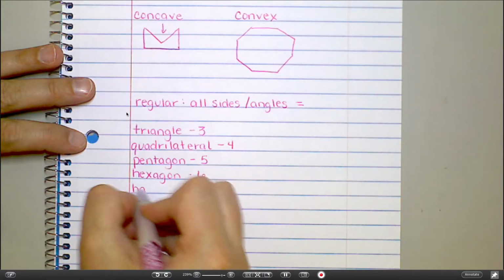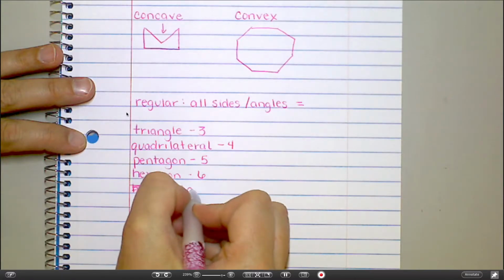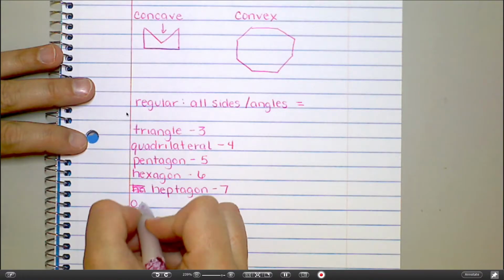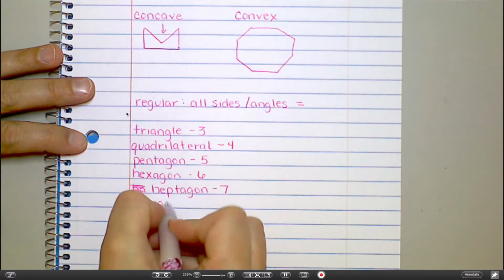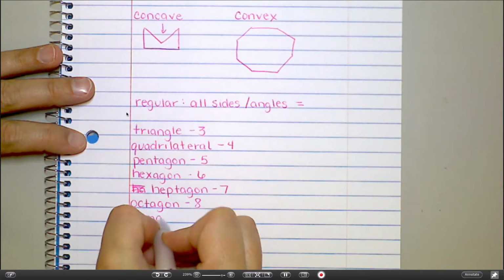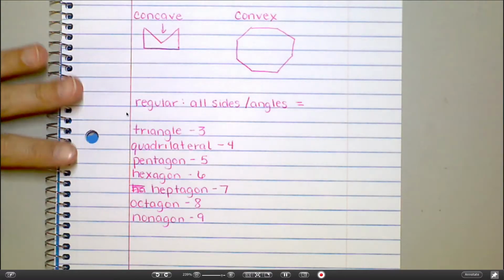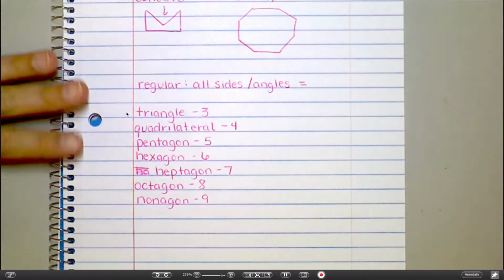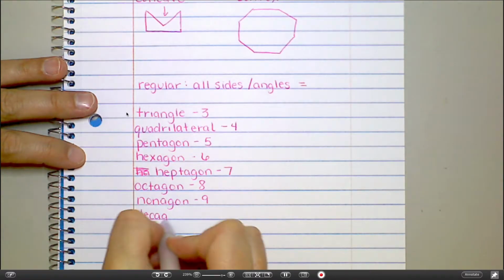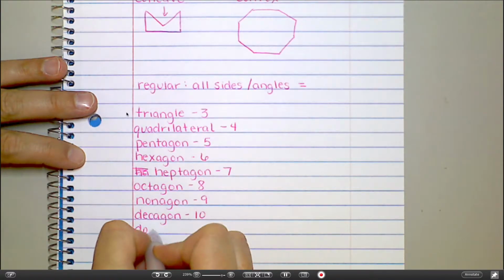Heptagon. Whoops, I spelled that wrong. What about 8? Octagon. 9 is nonagon. What's 10? We have one for 10. Decagon. Okay, decagon is 10. What is dodecagon? 12. Yep, dodecagon is 12. I don't think I have any of those on there, but since you said it.